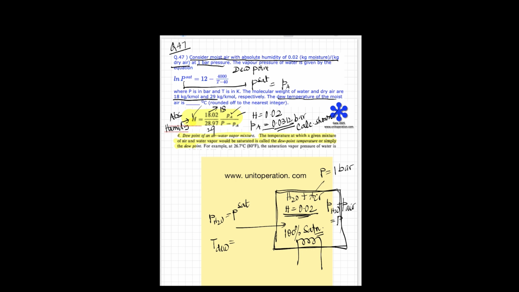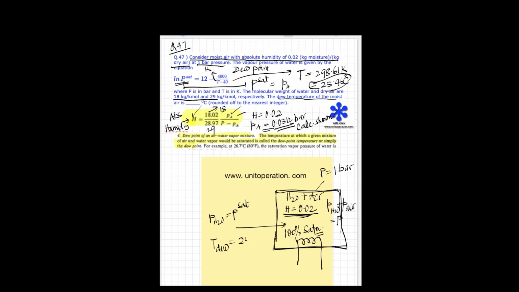From here, by calculation, we can find the value of T, and we have shown the calculation in our detailed solution here. And we found this value is 298.61 Kelvin. Remember, this temperature is in Kelvin. That is approximately 25.46 degrees Celsius. So the T dew point would be equal to 25.46 degrees Celsius.